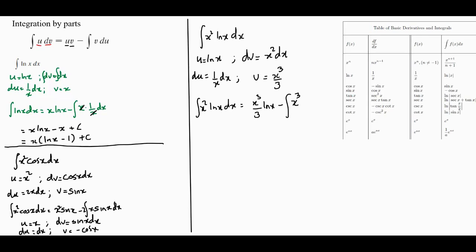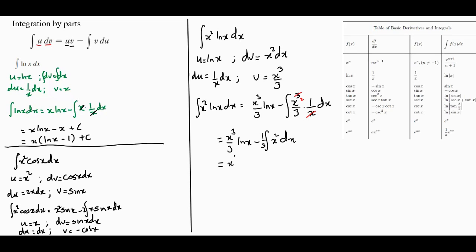So v is x cubed over 3, and du is 1 over x dx. So I end up with this, and of course we can clearly see that the x cancels, leaving a 2 here, so we end up with x cubed over 3 ln x minus the integral of, the 1/3 goes outside, x squared dx.